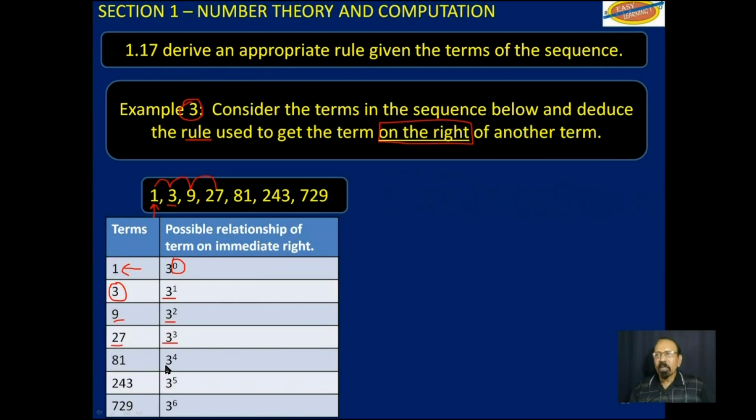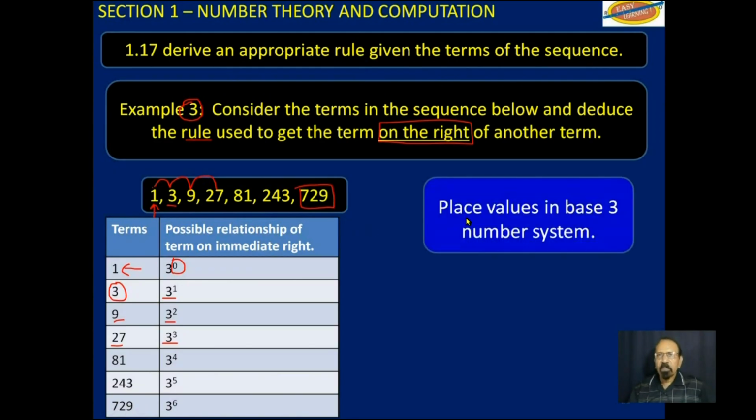And so this looks like the place values in the base 3 number system, but in reverse order. In other words, this one should have been on the far right, and so on. So it looks like the place values of base 3 in reverse order.